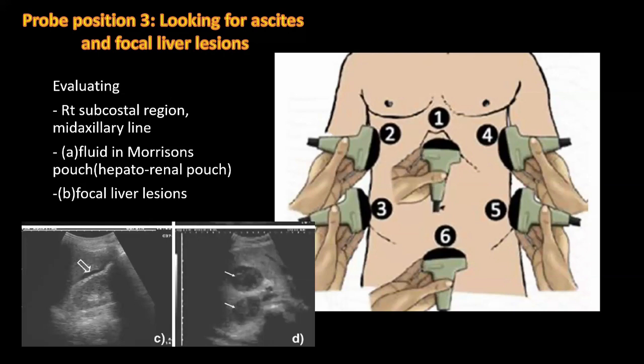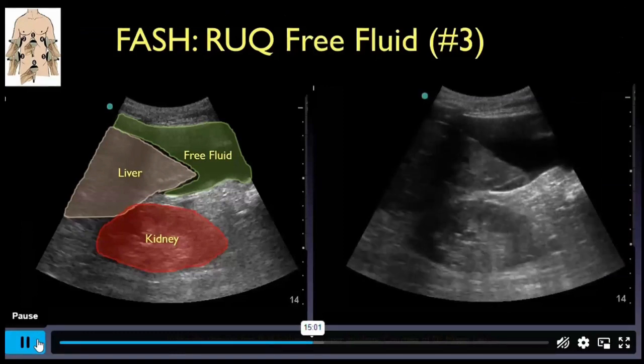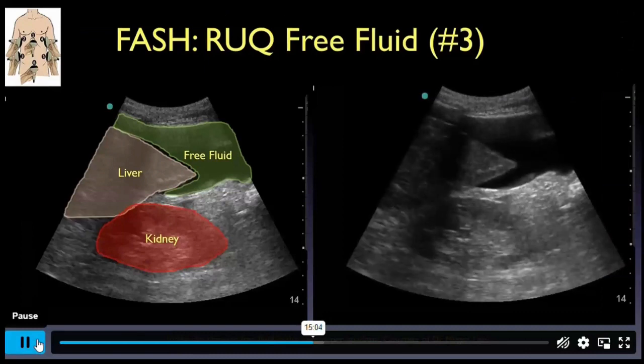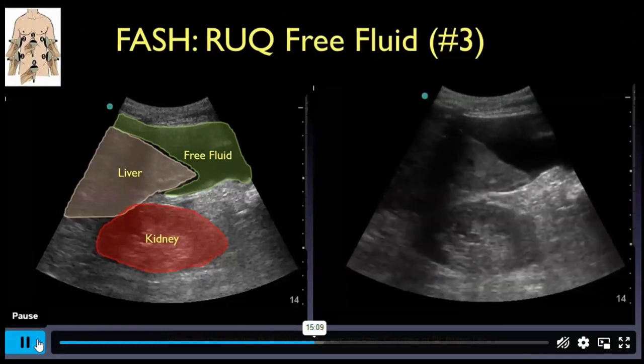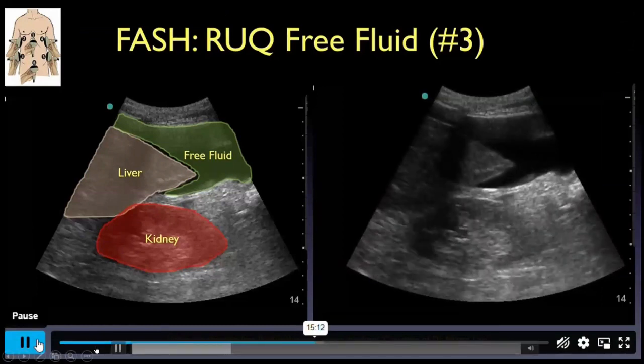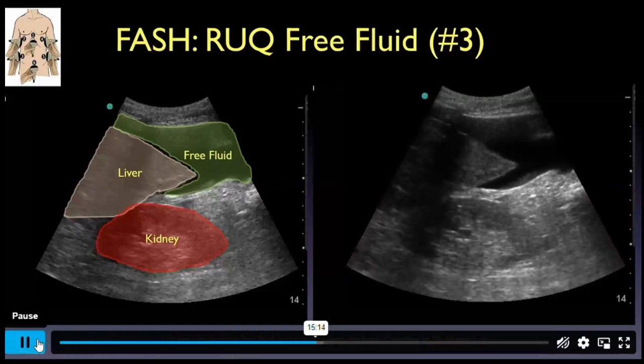And then we're also going to scan through the liver and actually look for liver lesions themselves. So we want to try and, in the view, get the inferior pole of the liver as well as the kidney in the same view.